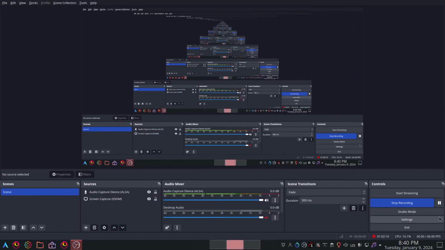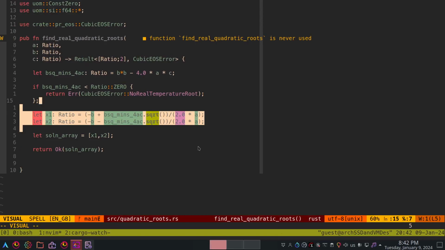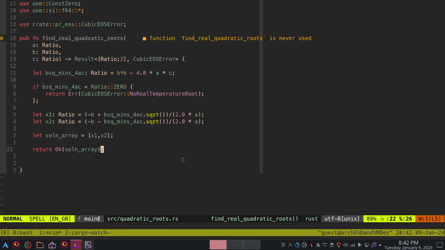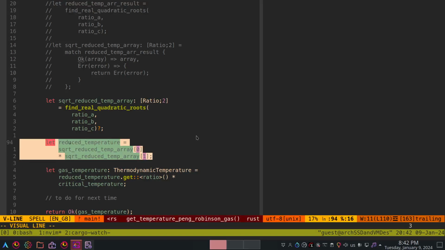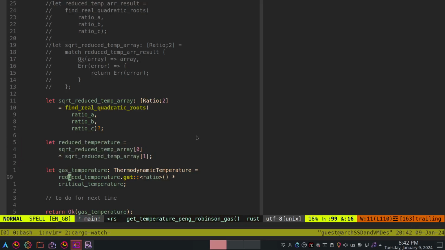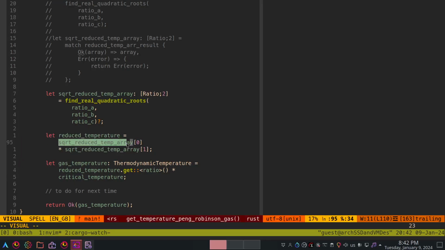Okay, let me hold on for a while. I guess my error was in multiplying these two roots together. Assuming that would work, but maybe that's not the way to do it. So I need to actually do a reduced temperature 1 and 2. These are the two square roots of the reduced temperature here, 0 and 1.